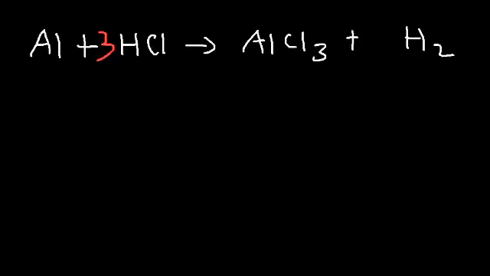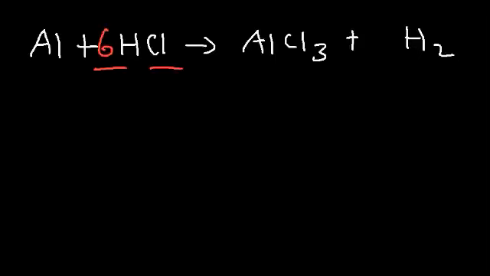The only issue with that is we have an odd number of hydrogen atoms on the left side, but an even number of hydrogen atoms on the right side. Whenever you come across this even-odd situation, you can rectify the situation by simply multiplying everything by 2. So instead of putting 3 in front of HCl, let's put a 6.